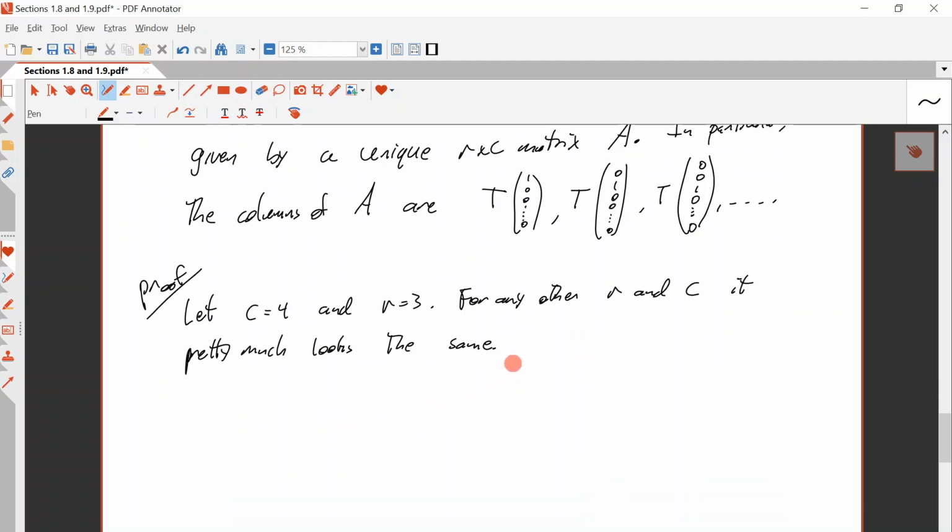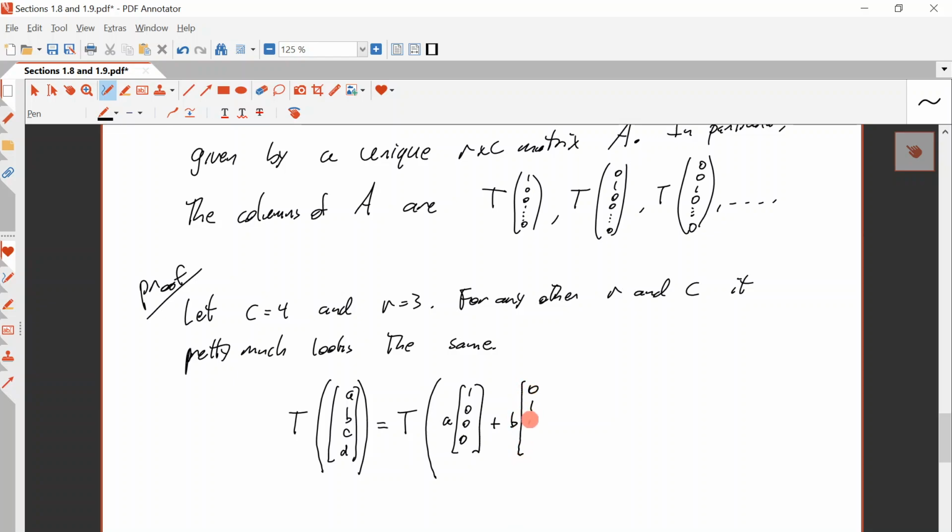All right, so now T of a vector in the domain. Which vector in the domain shall we look at? Well, let's just call it (a, b, c, d). But (a, b, c, d) is equal to a times the vector 1, 0, 0, 0, plus b times the vector 0, 1, 0, 0, plus c times the vector 0, 0, 1, 0, plus d times the vector 0, 0, 0, 1.